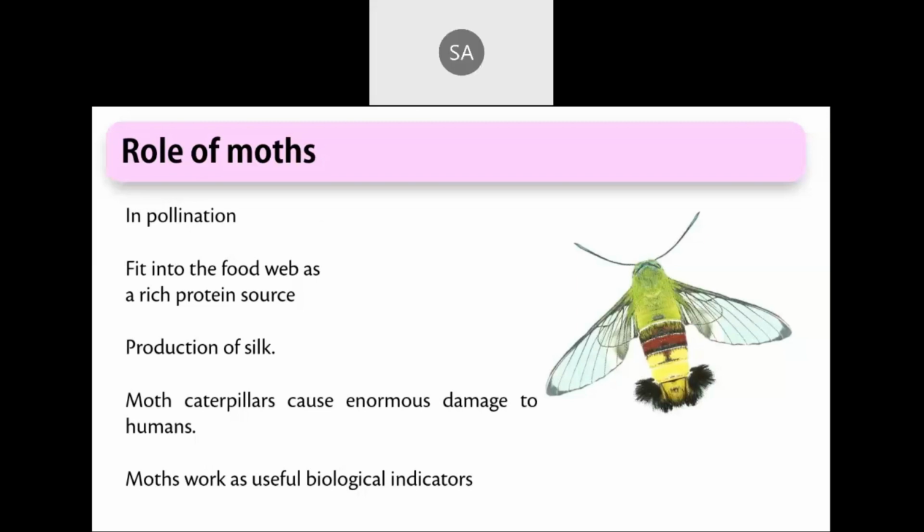Then next, moths work as useful biological indicators. When we do some ecological study, ecological research, we know what are the groups of moths are very important to our plant community or habitat. So when we study them, we always get to know the biological indicators.